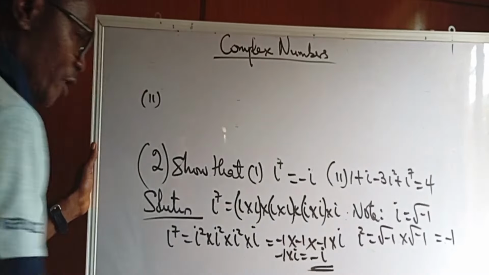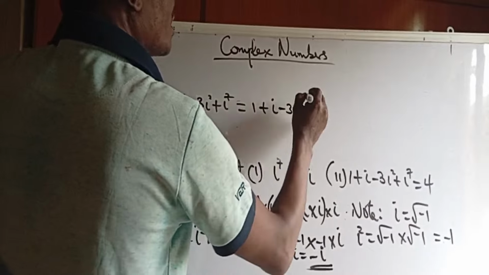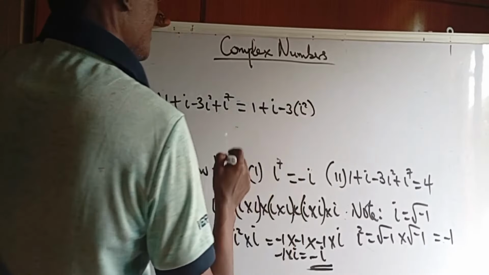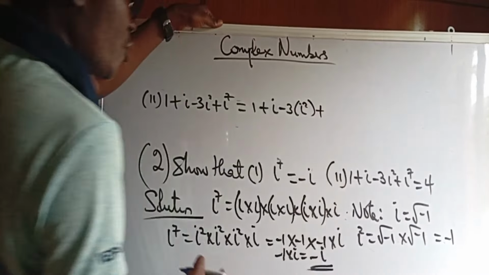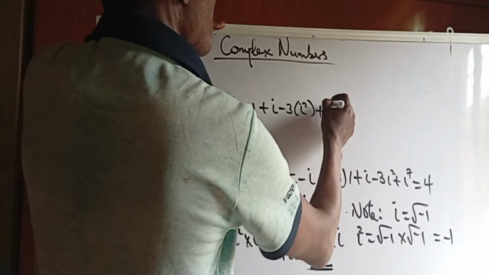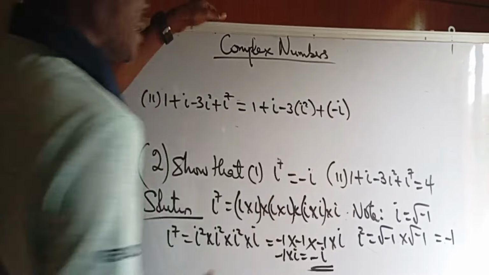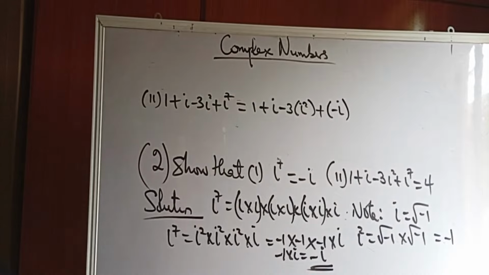We have 1 plus I, minus 3 times I squared, because that's the meaning of that, then plus I raised to power 7, which is minus I. Don't forget, that was what we got in the first problem.